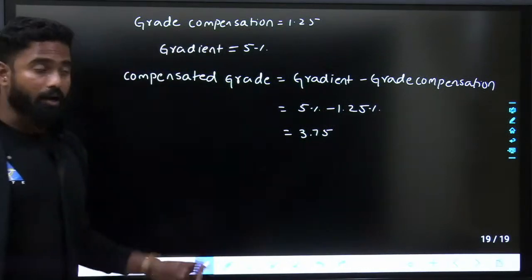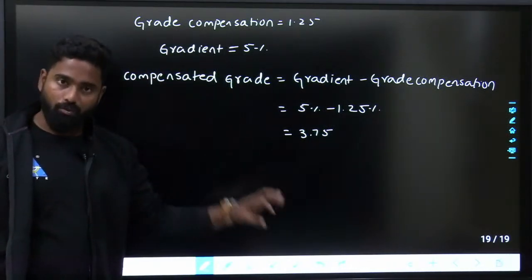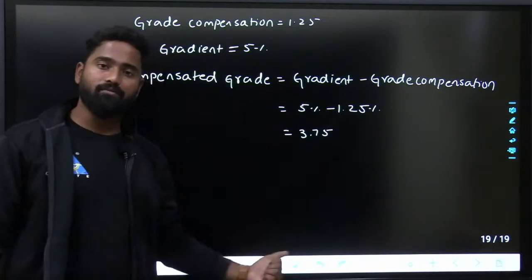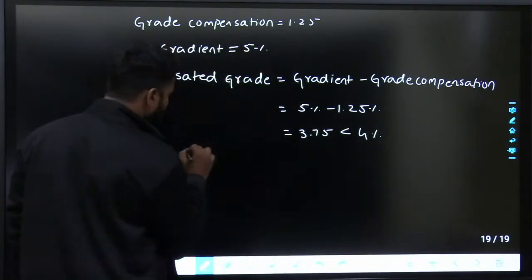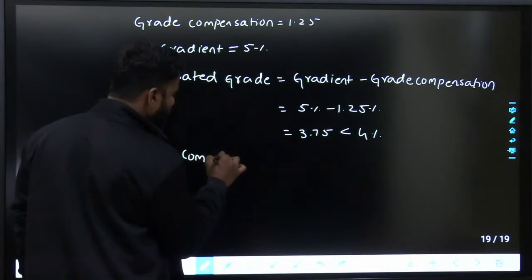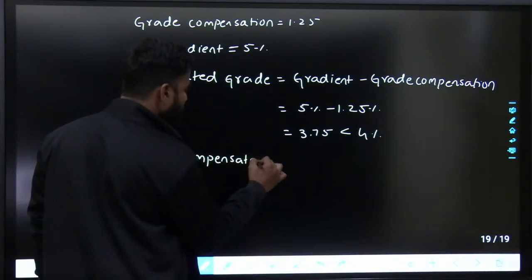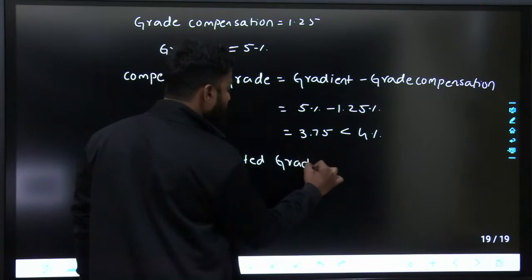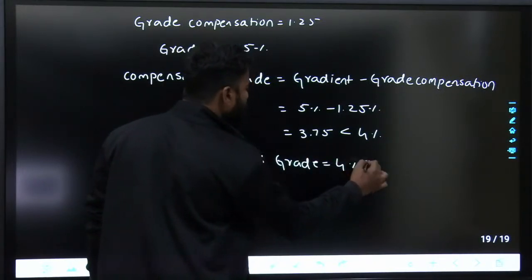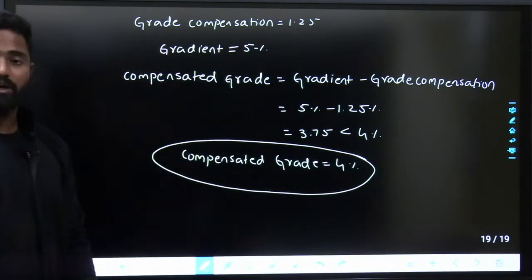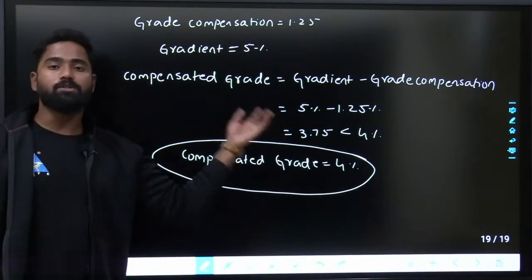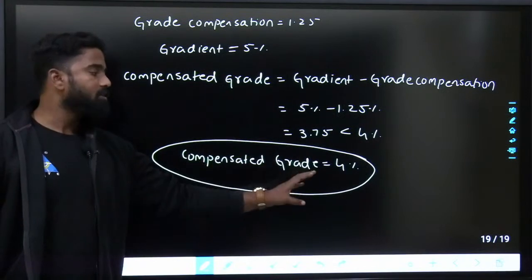I said grade compensation is not required if the gradient is flatter than 4%. This is less than 4%. That means compensated grade equals 4% only. So whenever the value is less than 4%, the answer would be 4%.